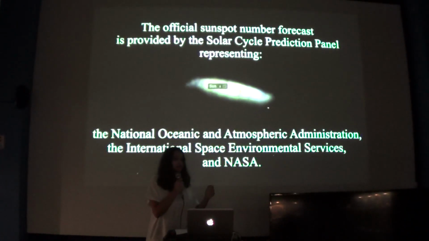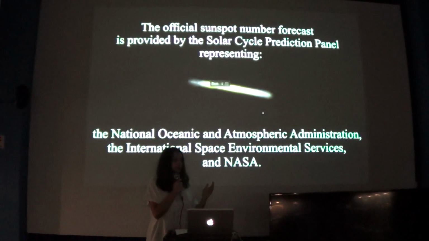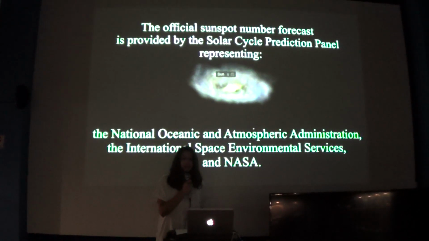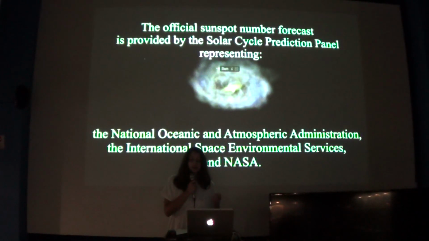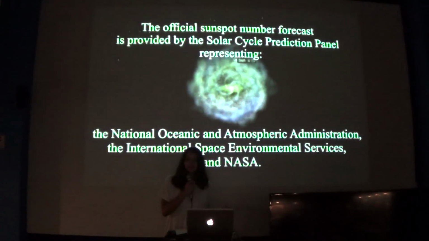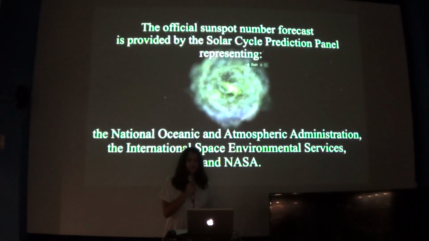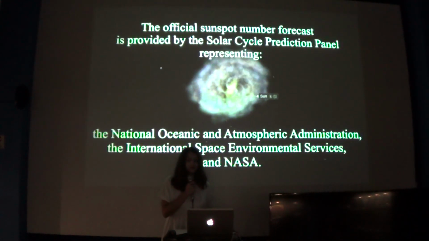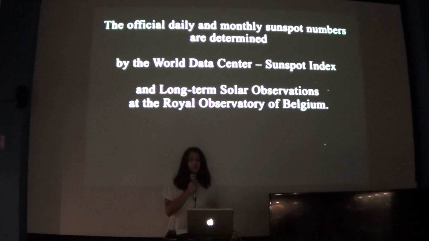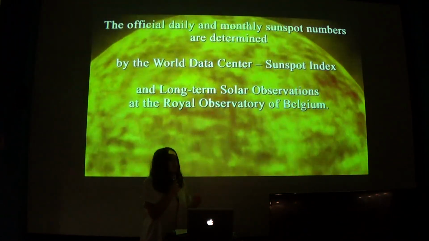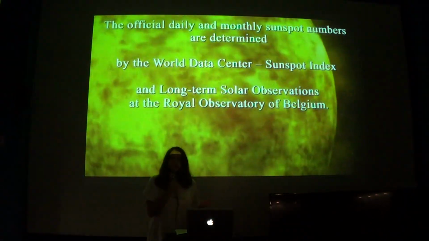The official sunspot number forecast is provided by the Solar Cycle Prediction Panel, representing the National Oceanic and Atmospheric Administration, the International Space Environmental Services, and NASA. The official daily and monthly sunspot numbers are determined at the Royal Observatory of Belgium.